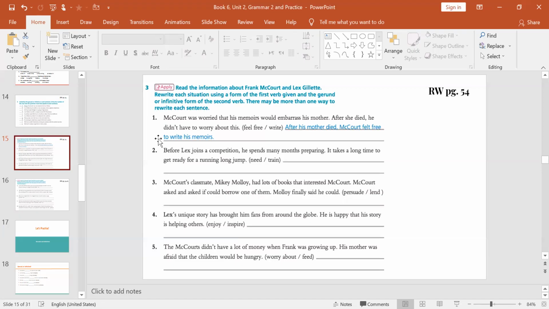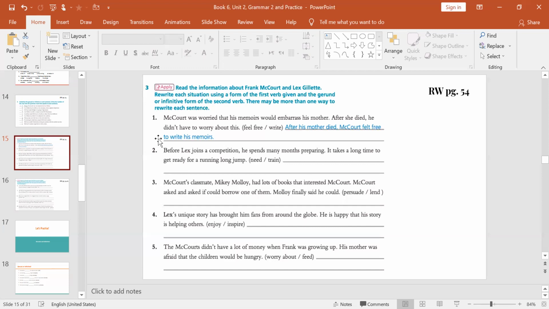Okay, so what I'd like for you to do is read the sentences, try your best to use the form of the first verb, and then add either the gerund or the infinitive form in the second verb. And then together we'll do these 4 sentences, and we can see the form, and we can see what this exercise is asking.